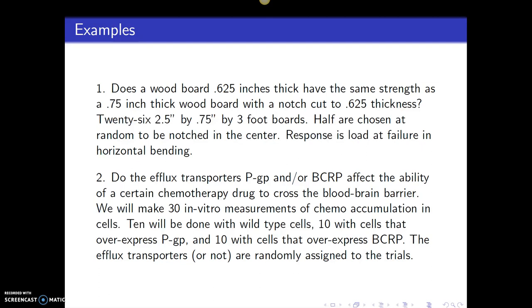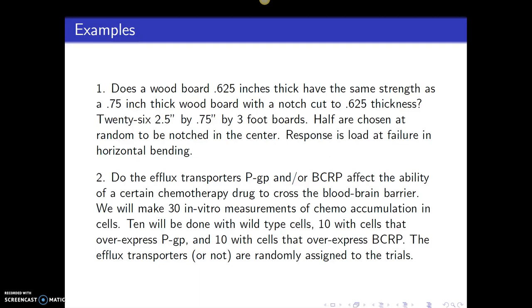Half are chosen to be notched at the center. So a random assignment of the treatment, and the response is load at failure with horizontal bending. Notice we randomly assigned that notching, the treatment, and then we measure. So 2 levels, either notched or not.